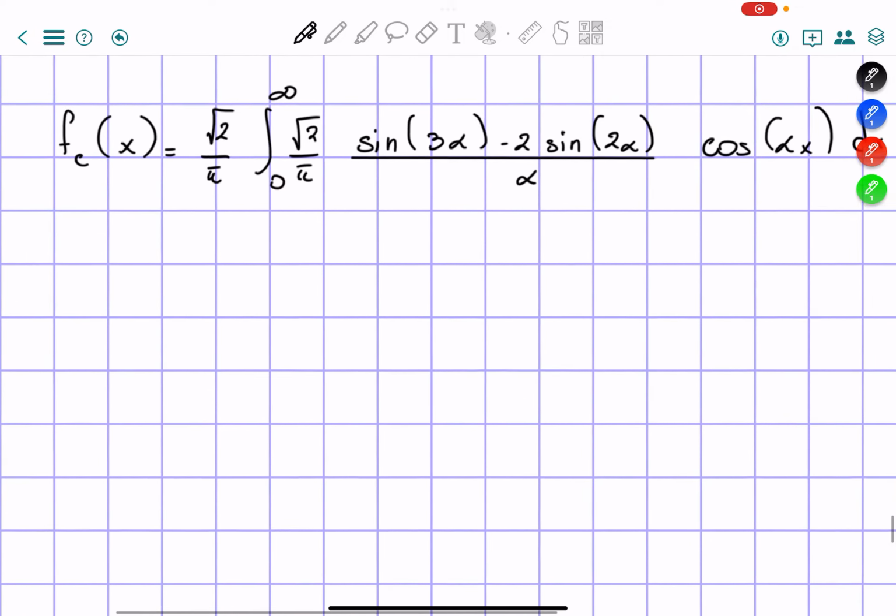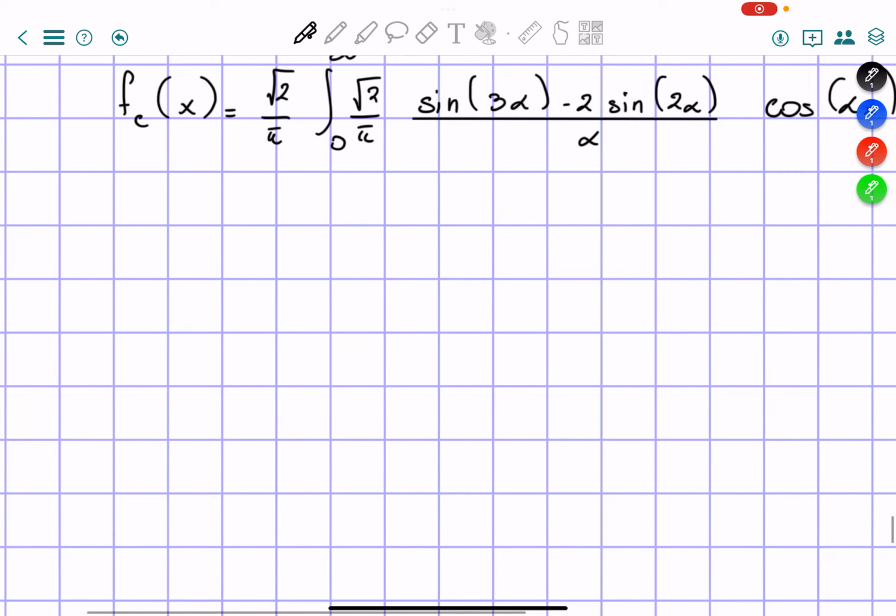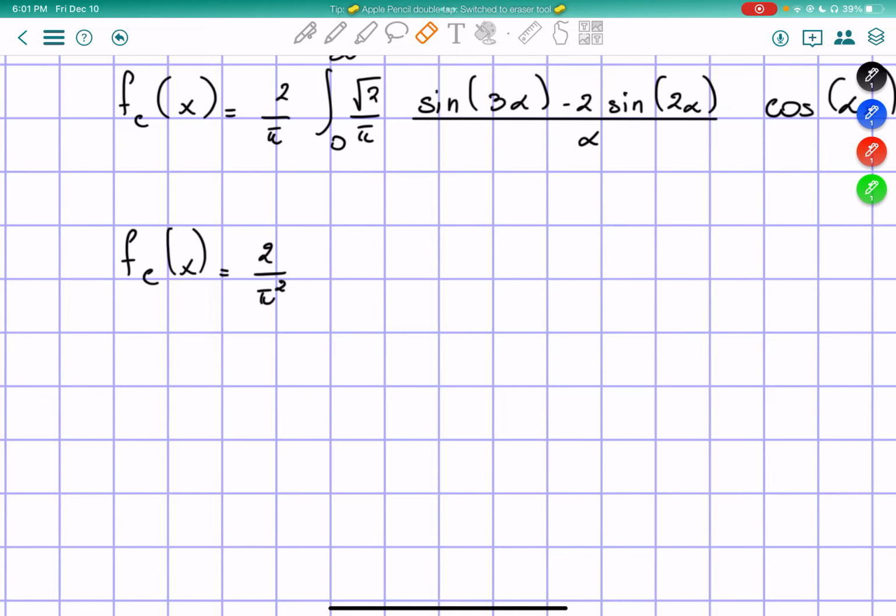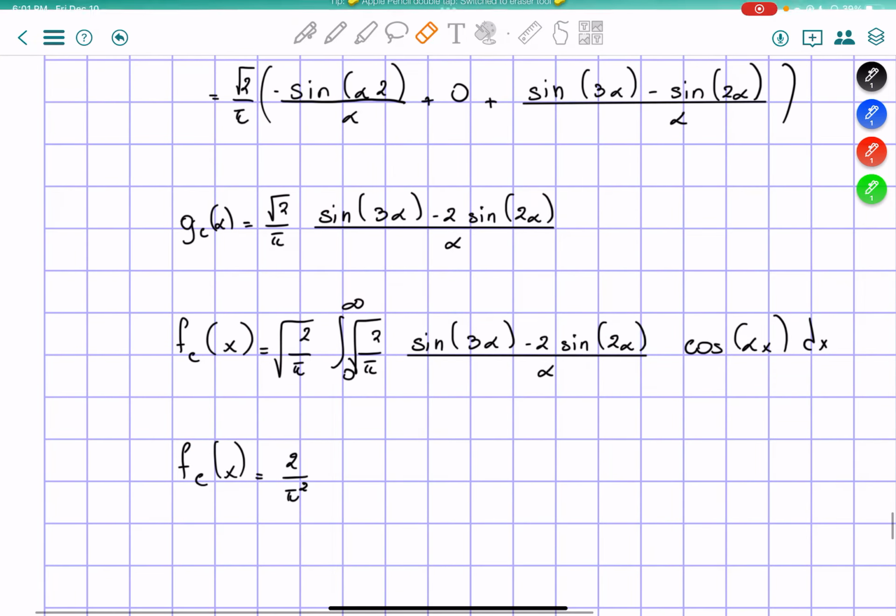Okay, so I'm just going to take out the constant to make it look better. Well, square root of 2 times square root of 2 is equal to 2. Then I'm going to have pi. No, actually, sorry, I completely missed out on this. Square root the whole thing.